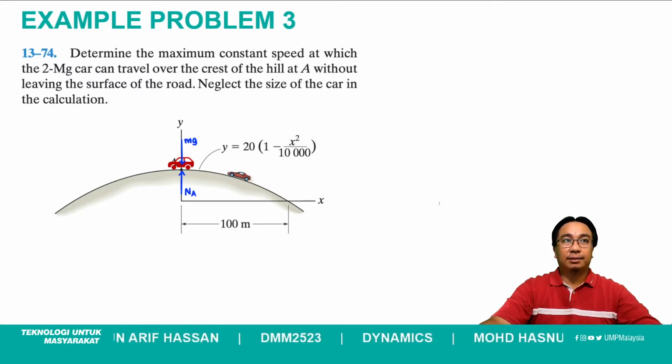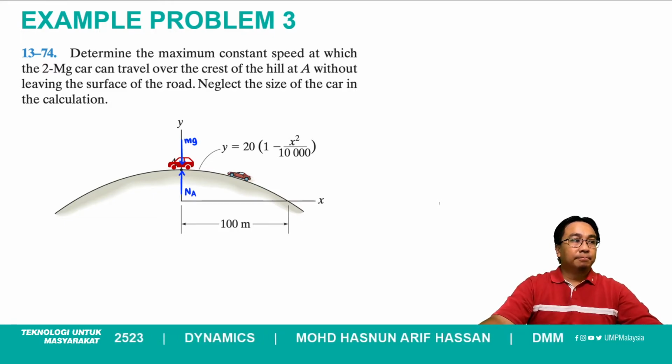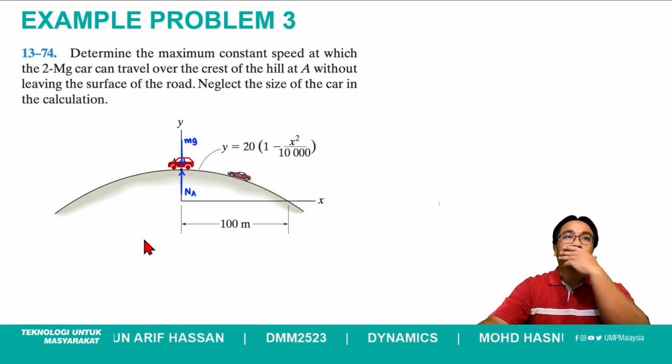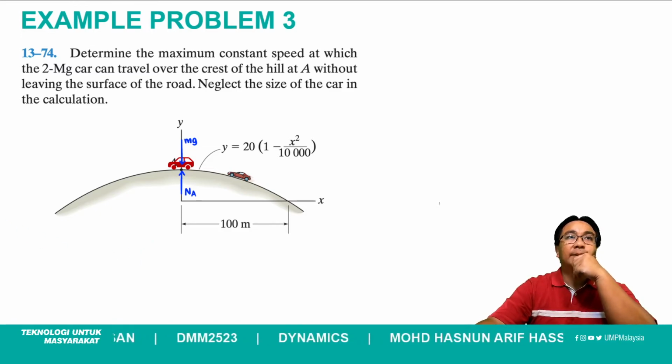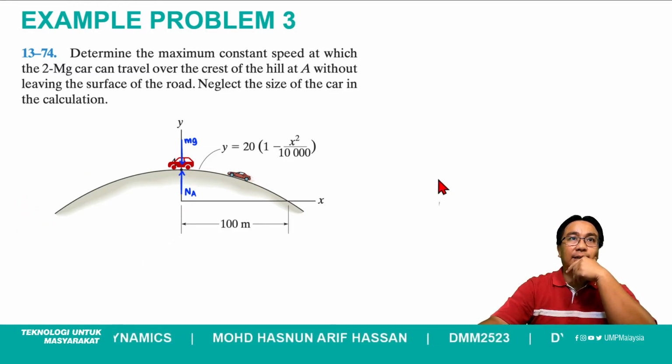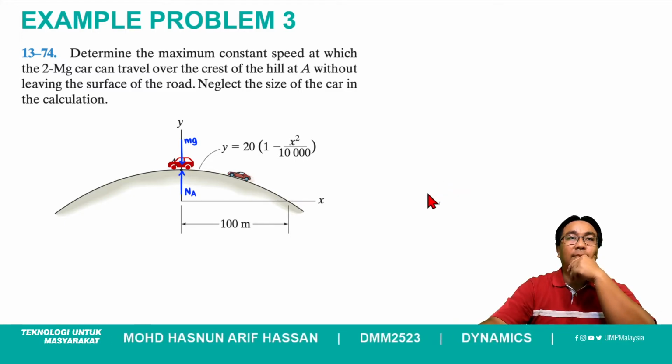Tangential axis is pointing to which direction? Horizontal. Horizontal direction. To the left or to the right? Left. To the left, correct.